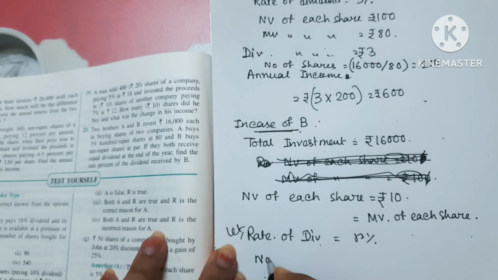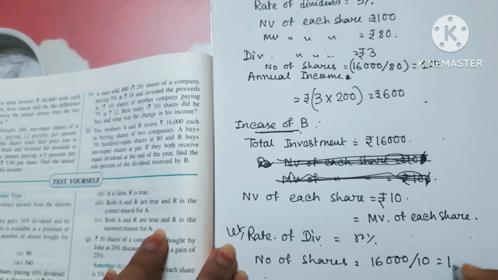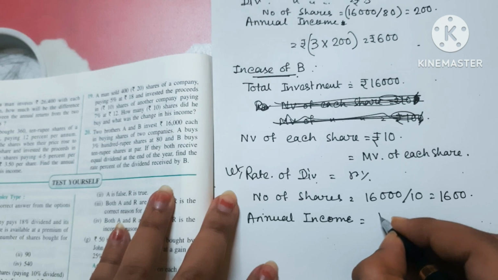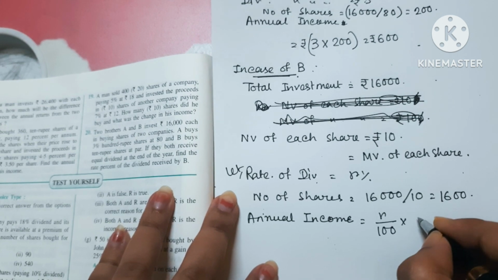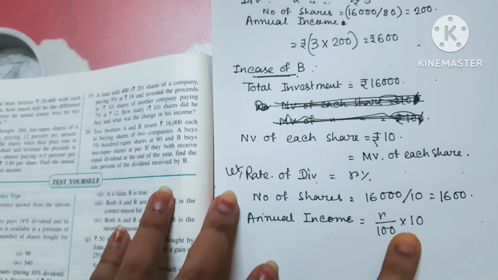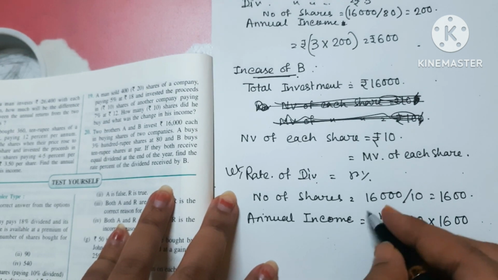So number of shares 16,000 by 10, obviously 1600, okay, and annual income R by 100 into nominal value, that is 10. This is dividend of each share, and into this one, that is total income.